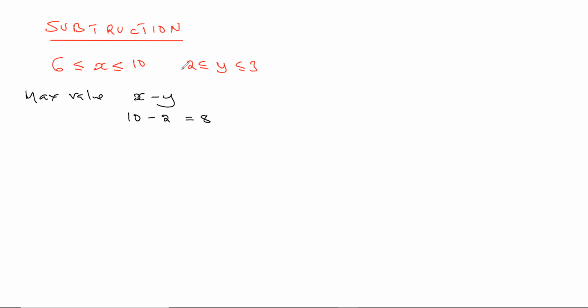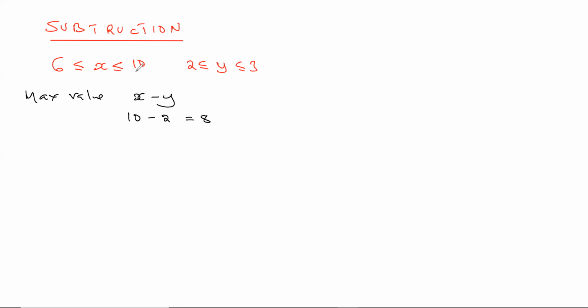If I did 10 minus 3, I'll get 7. If I said 6 minus 2, I'll get 4. If I said 6 minus 3, I'll get 3. So the biggest value I can ever get from that is supposed to be when I say 10 minus 2, which is equals to 8.